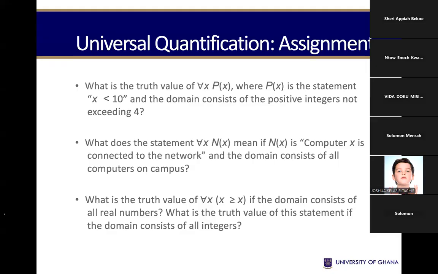Okay, go ahead. Because if we have x = -1, then -1 is greater than or equal to -1, which makes the statement false, if you take the set of negative values. Okay. Anyone else?